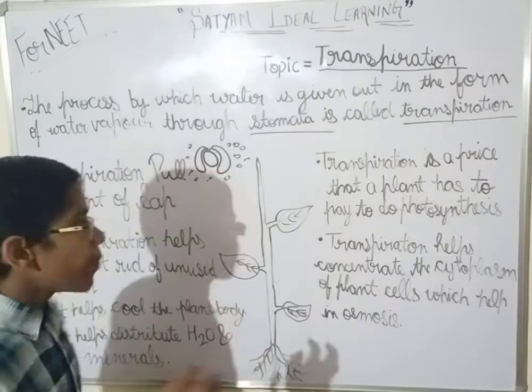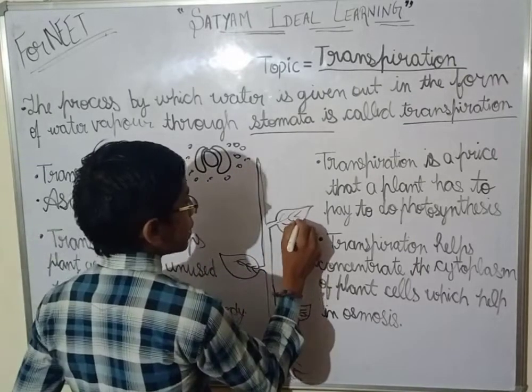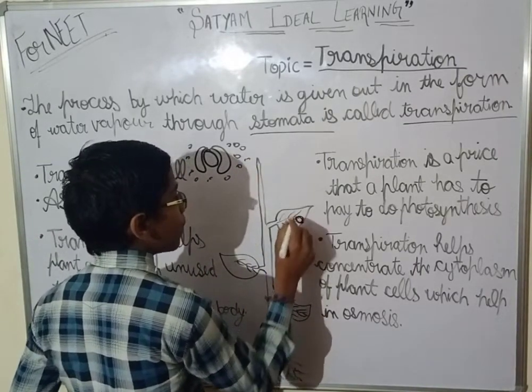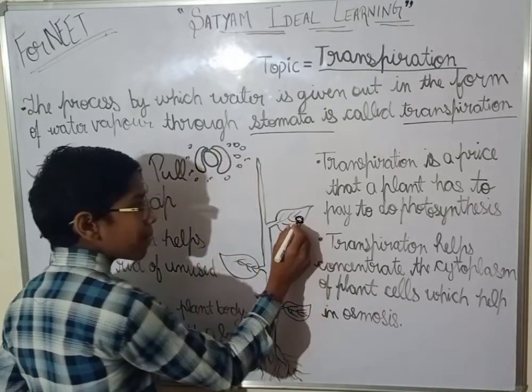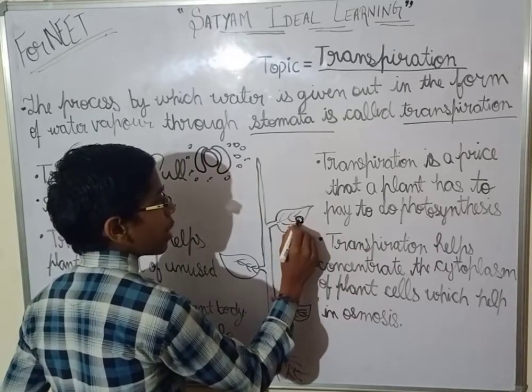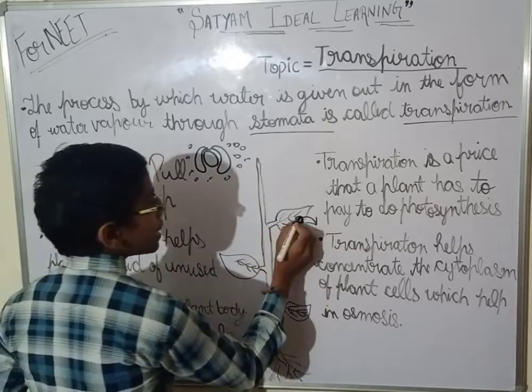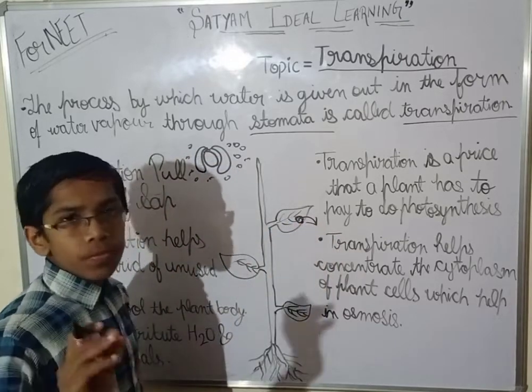So what will the plant do now? Like this, there is a stomatal pore. From this pore transpiration has occurred and the water has gone outside. Now there will be a space.